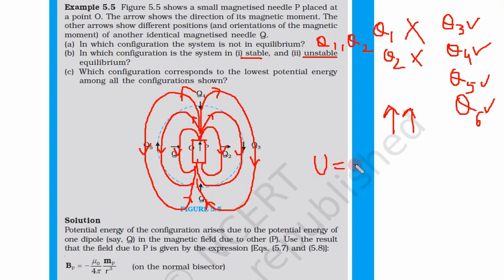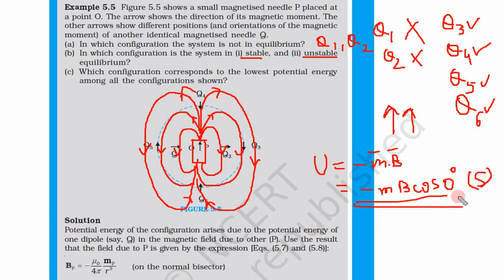Potential energy is minus M dot B, so minus MB cos theta. So when angle is 0 degree, that is lowest energy, that means stable equilibrium.